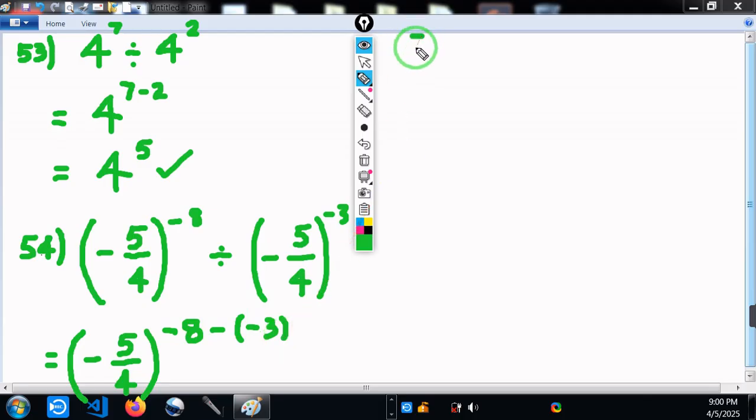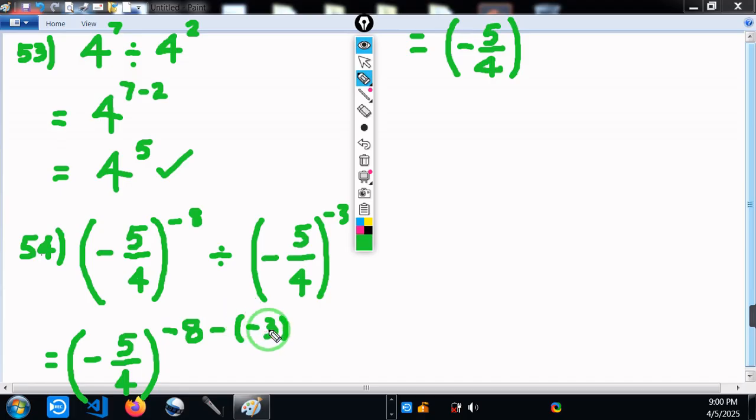The answer I carry over to the right-hand side on top, and minus 5 over 4 is the base. The powers we can solve in one line. Minus times minus is plus. So minus 8 plus 3 is not minus 11. So plus 3, addition first.